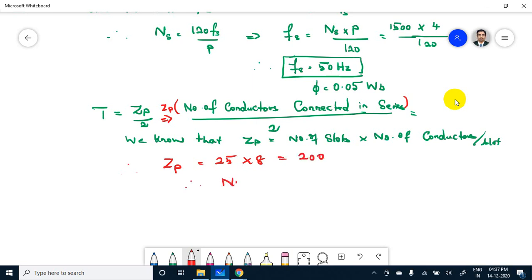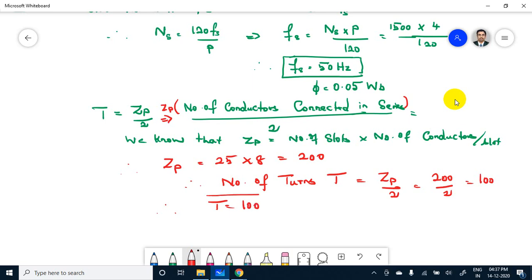Therefore number of turns T equal to Zp divided by 2. So 200 divided by 2, how much? Which is 100. Therefore T equal to 100.